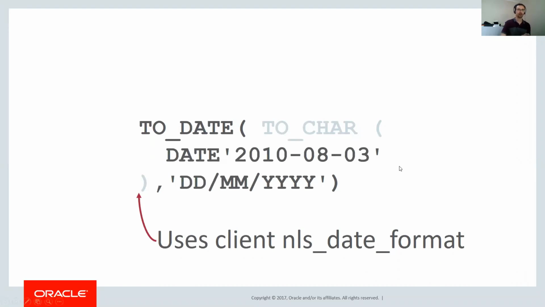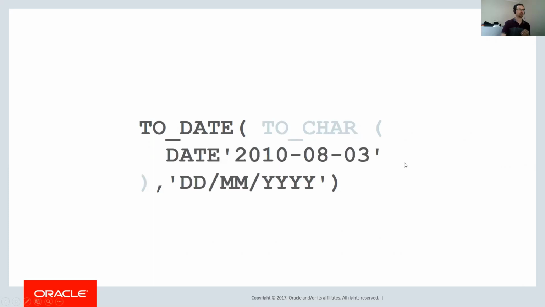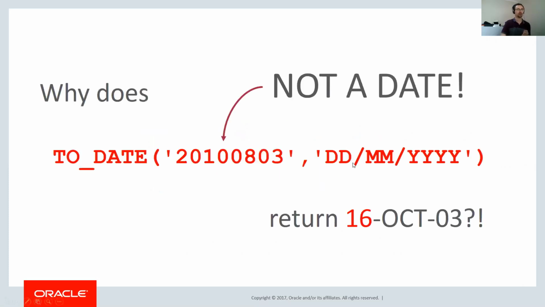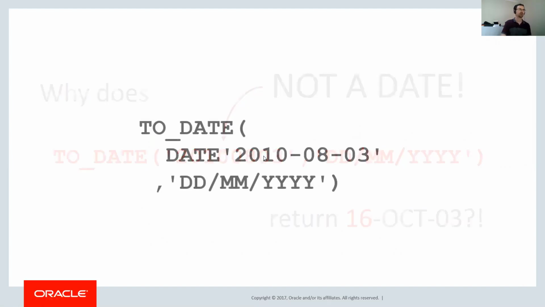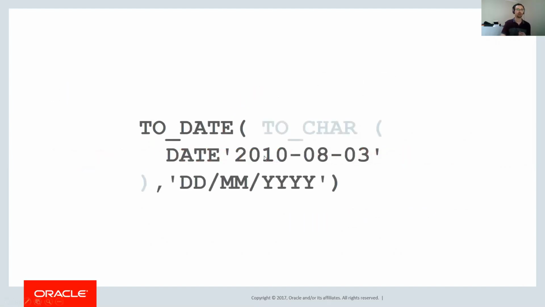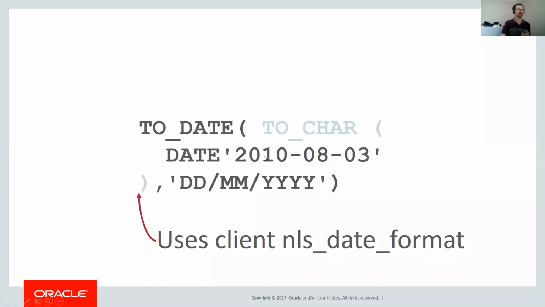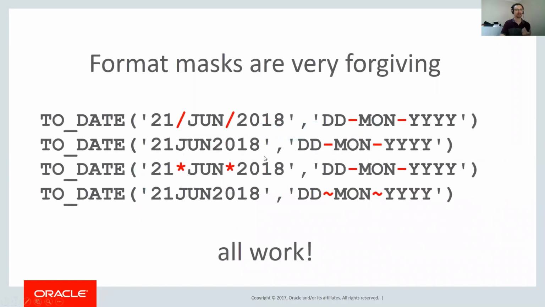The next thing is that if we pop back a second, we'll see that the format mask doesn't match. We've got no slashes in our string, but the database is still actually able to convert it. That's because Oracle Database by default is very forgiving when it comes to format mask conversions.